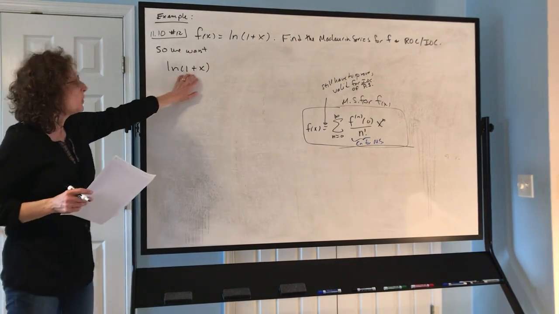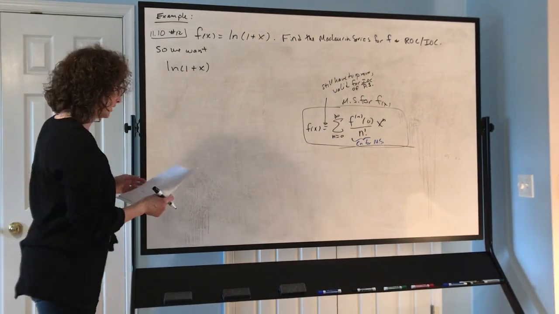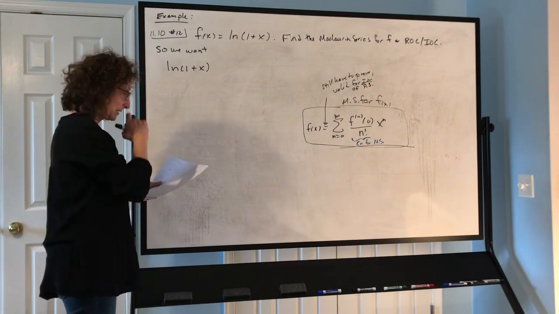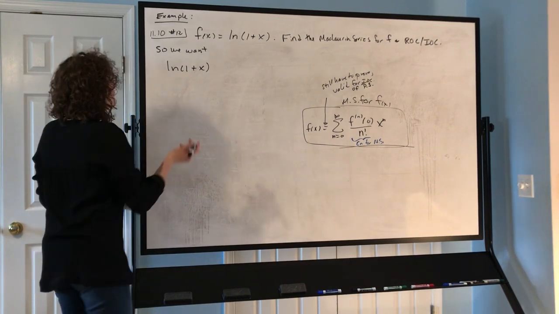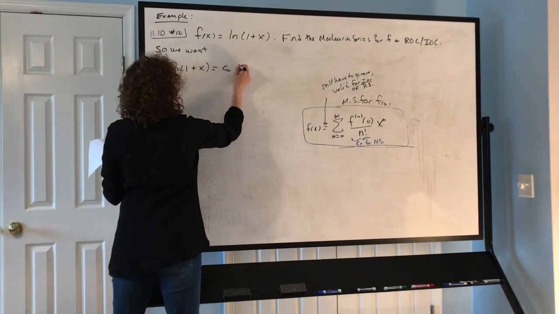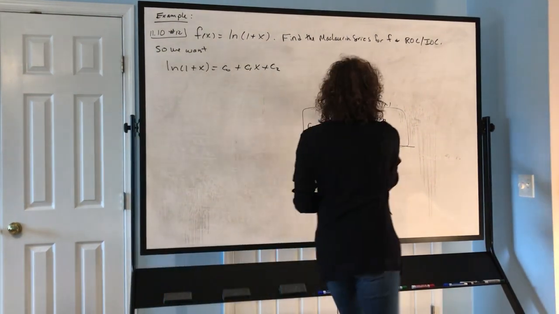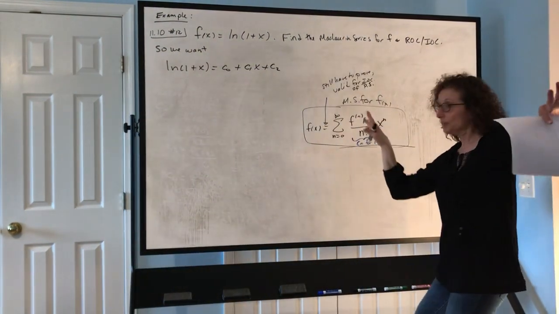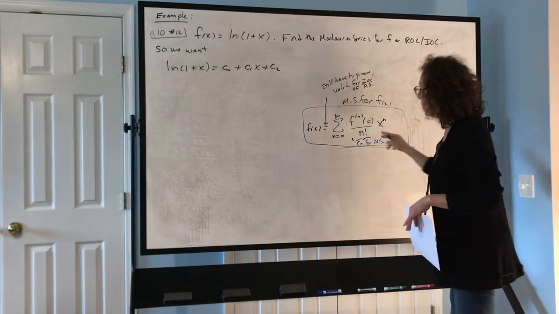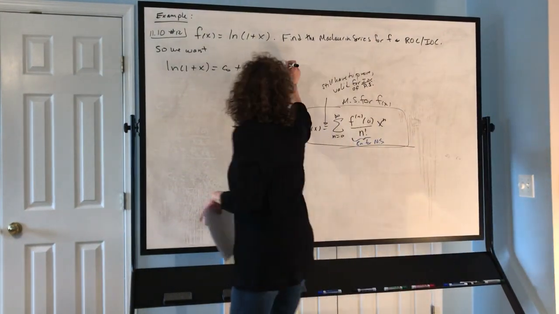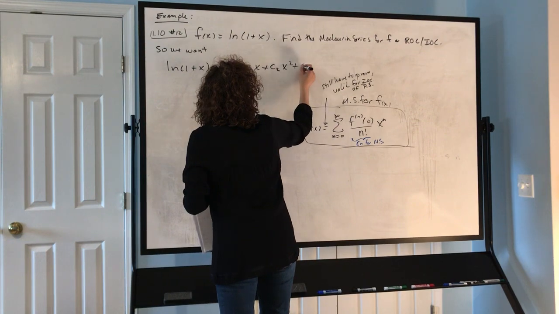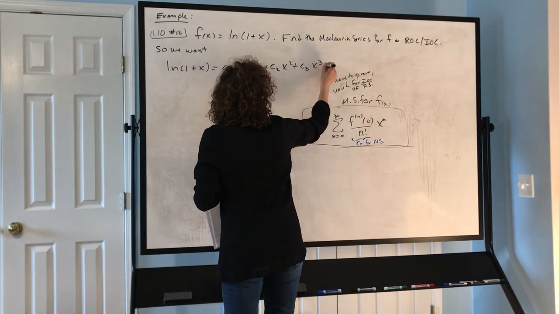This is used quite a bit, natural log of 1 plus x instead of natural log of x. All right, so what do we want? Just to make sure you don't get caught up in this looking super nutty and crazy, what does it really mean? It just means I'm looking for a power series.